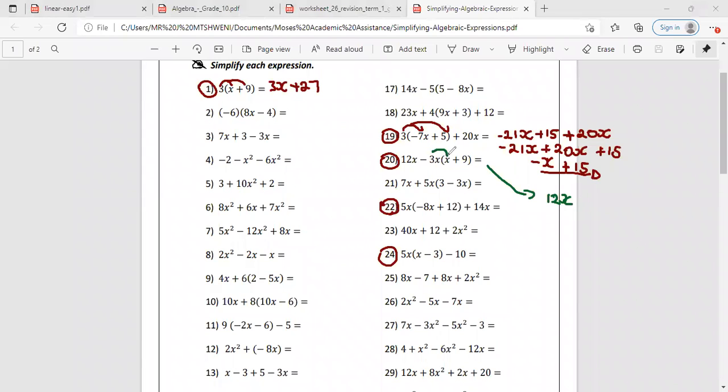Negative 3 multiplied by x, you'll get a negative 3x squared. Remember, x multiplied by x is x squared. Then we say negative 3 multiplied by 9, you get a negative 27.